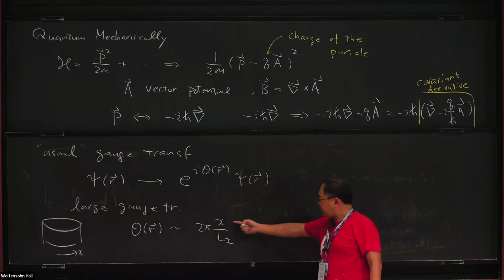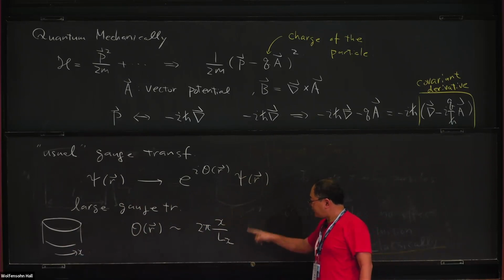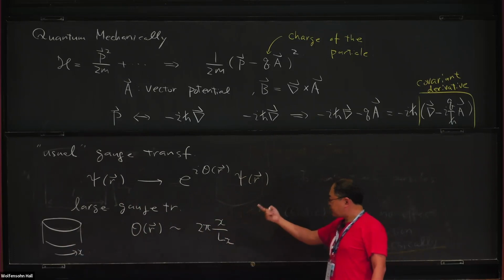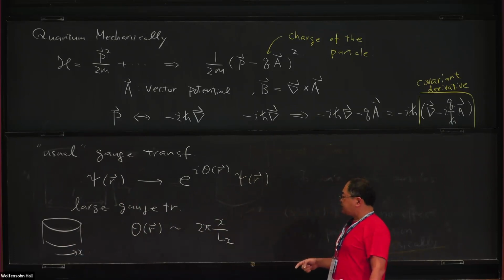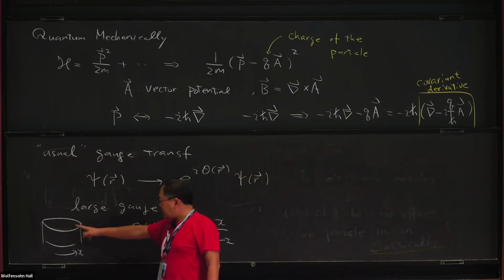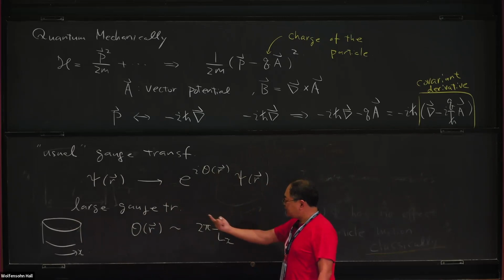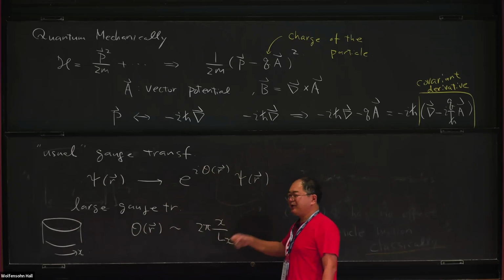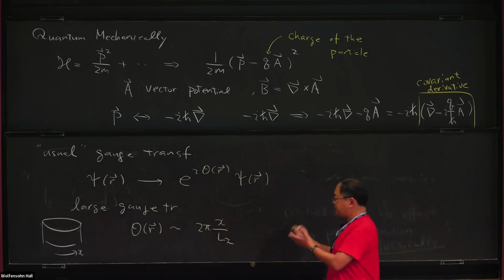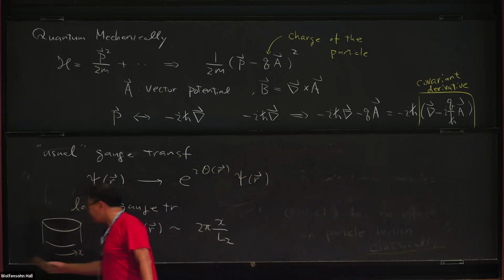That means that when you go around the system once, this x increases from 0 to Lx, so this phase factor changes from 0 to 2 pi. So this phase theta is no longer a single valued function, but what matters is the phase factor. When you go around the system once, this phase increases by 2 pi, but the phase factor becomes 1. So this is still consistent with periodic boundary condition.